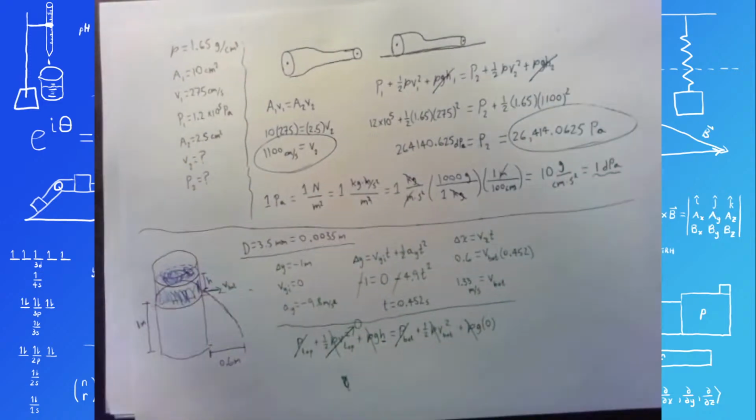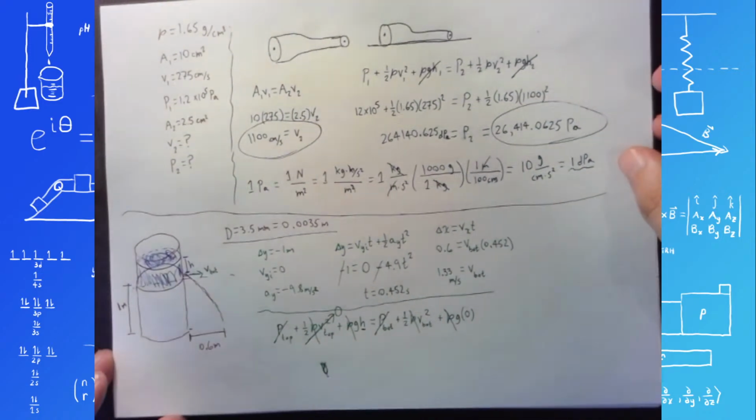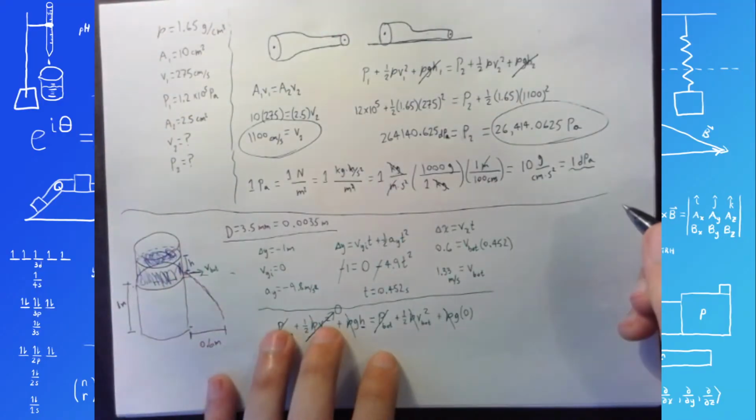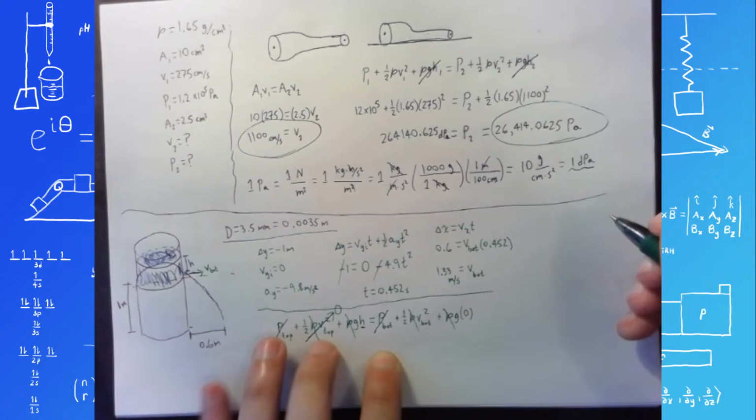I mean, if we really wanted to, if we knew the radius of this whole tank, then we could actually just calculate the difference between those two rates.